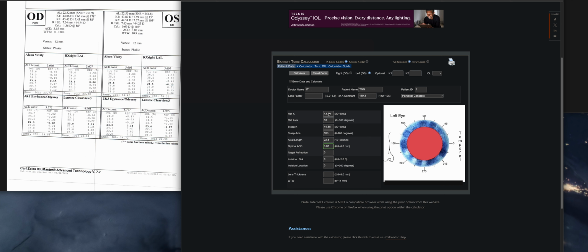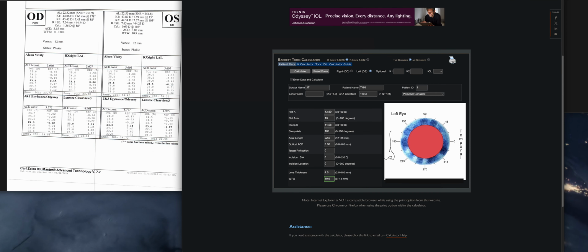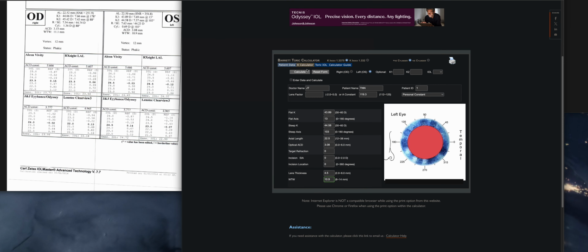Let me double check my numbers so far: 43.89, 13, 44.58, 103, 22.5. Okay. What I should have done is blocked out the left eye first and just crunched the right eye, but it doesn't matter.